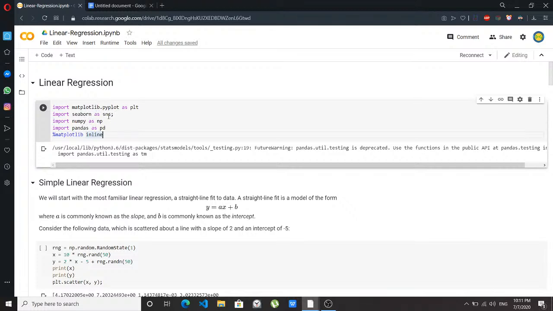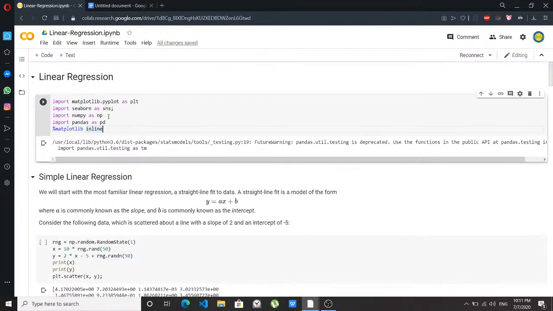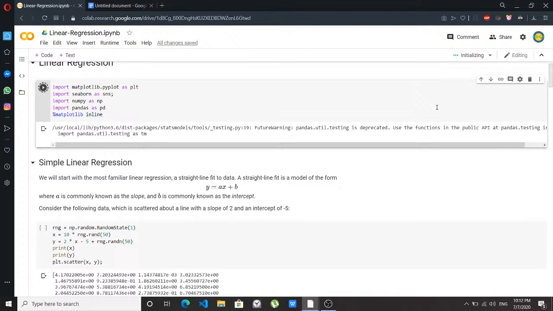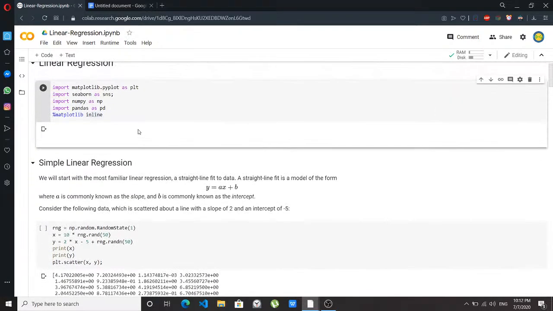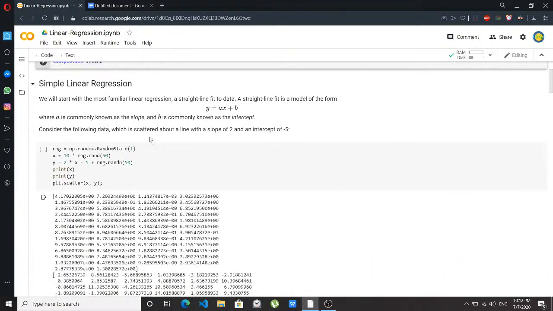Seaborn is not used much here. We are importing the NumPy library and pandas for the dataset. So we run this. It is allocating and connecting. And the libraries are imported.